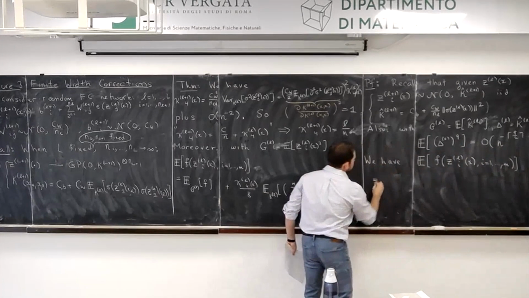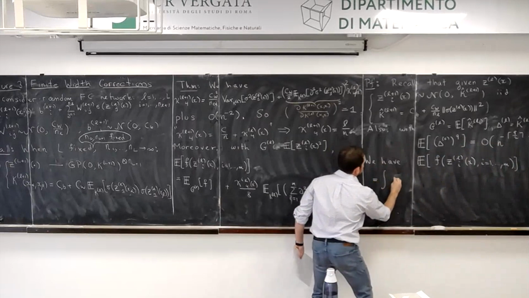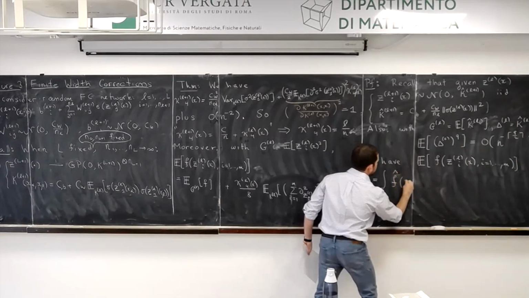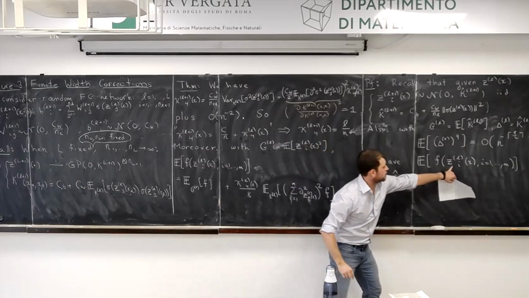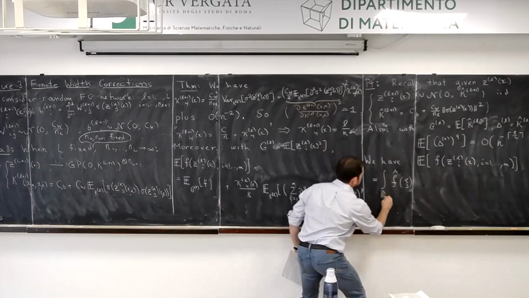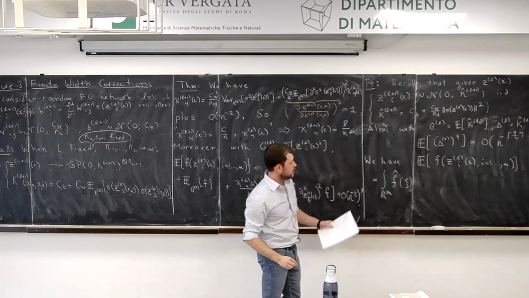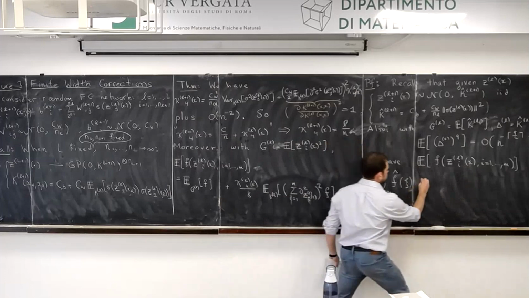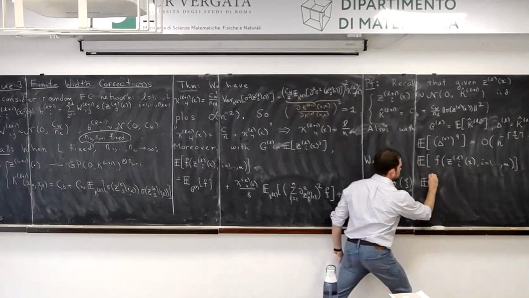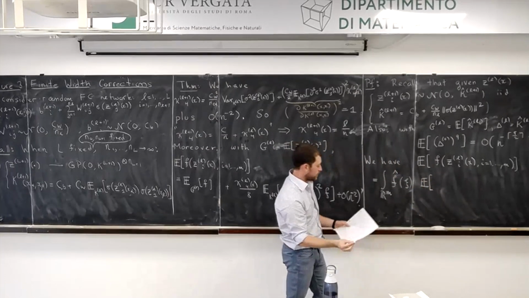So this is going to be the integral of f hat of the dual variables c. I'm going to have one dual variable for each random variable I have here, so this is an integral over R^m. Then I have to write down the characteristic function of these guys. Remember, the characteristic function is what we studied to compute the convergence to the Gaussian process limit.